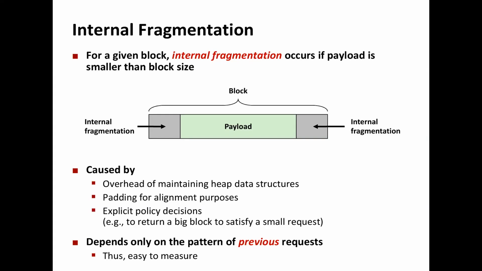That results in internal fragmentation. So it seems like we have a block, but we have some overheads inside this block. That said, it only depends on the pattern of previous requests, and therefore it's easy to measure.